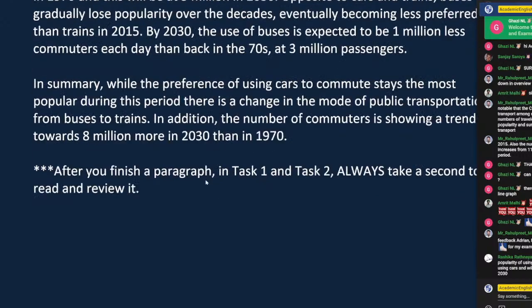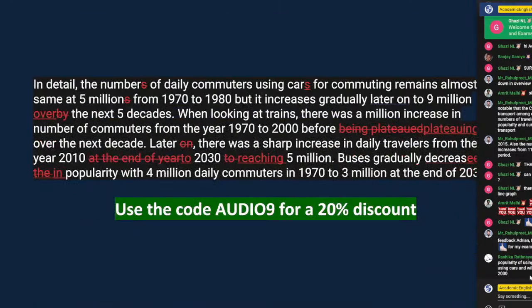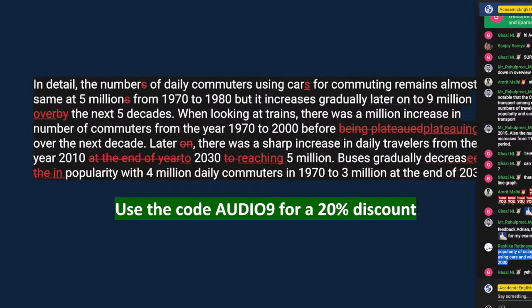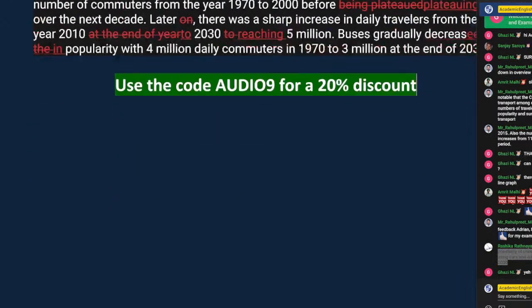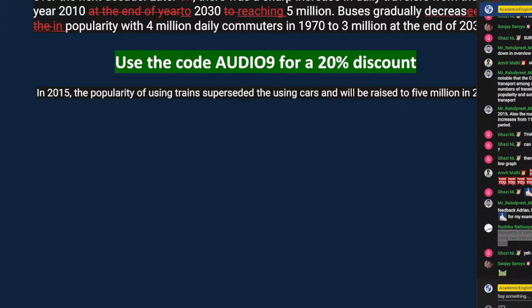Yeah, you can use that sentence, Rashika. I see what you're writing there. So let me grab that sentence. So this is Rashika talking about that important point in the graph. Let me just hop down here, Rashika.